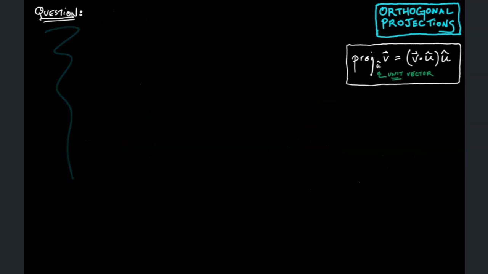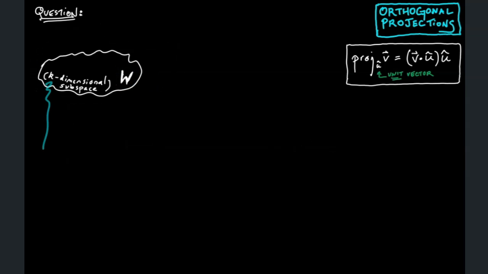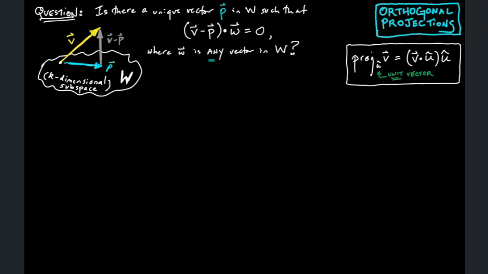So the question is, if W is some subspace, let's say a k-dimensional subspace of some larger vector space, and we have some vector v from that ambient vector space, is there some unique vector p in the subspace W, like so, such that this vector joining the tips of p and v, namely v minus p, gives us a dot product of 0 when we dot it with vector w, where vector w can represent any vector in the subspace, capital W?